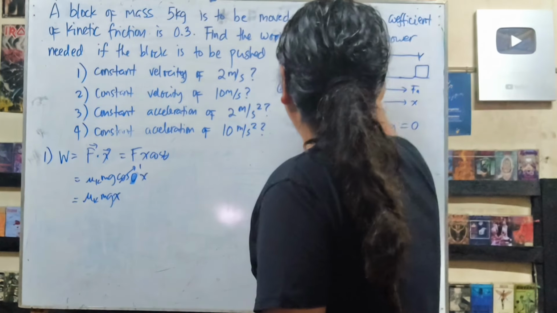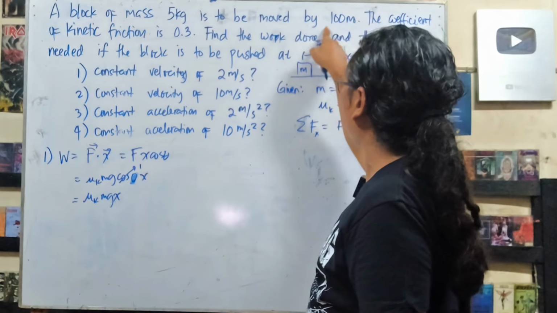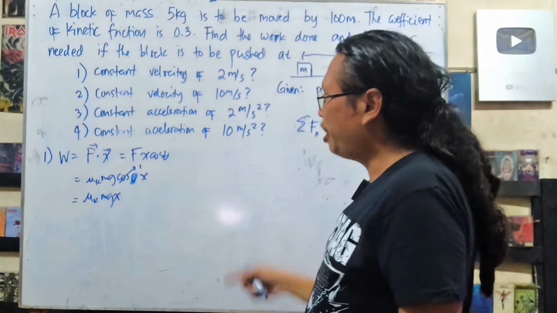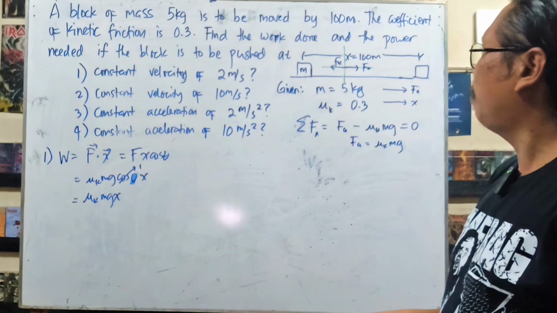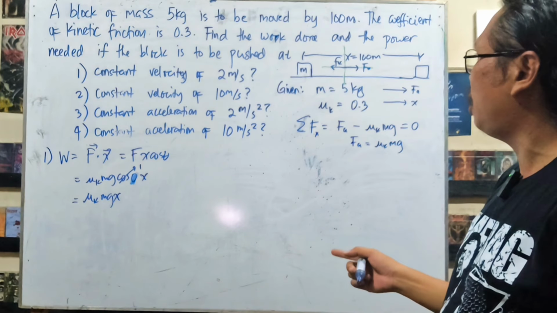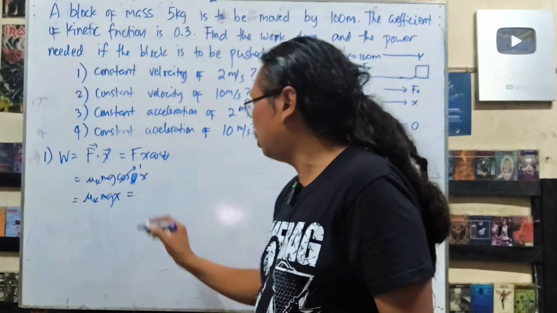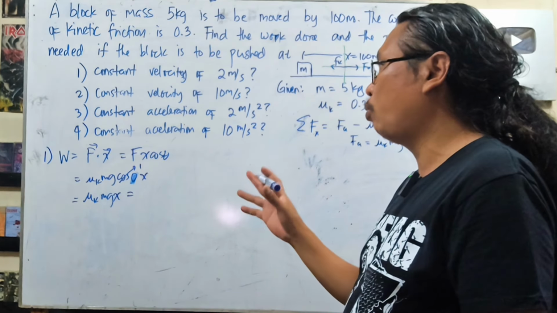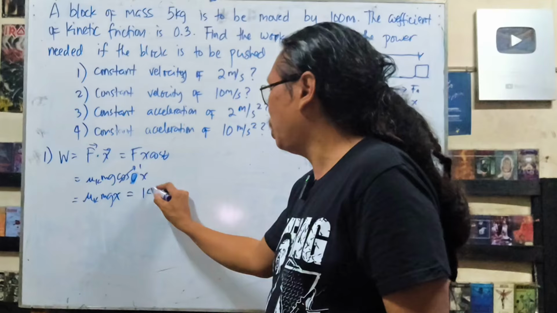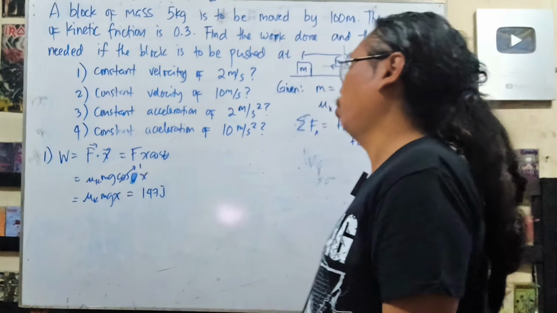So that would be 49 times 100, that would be 490 times 0.3. That would be 49 times 3. I think 147 joules.